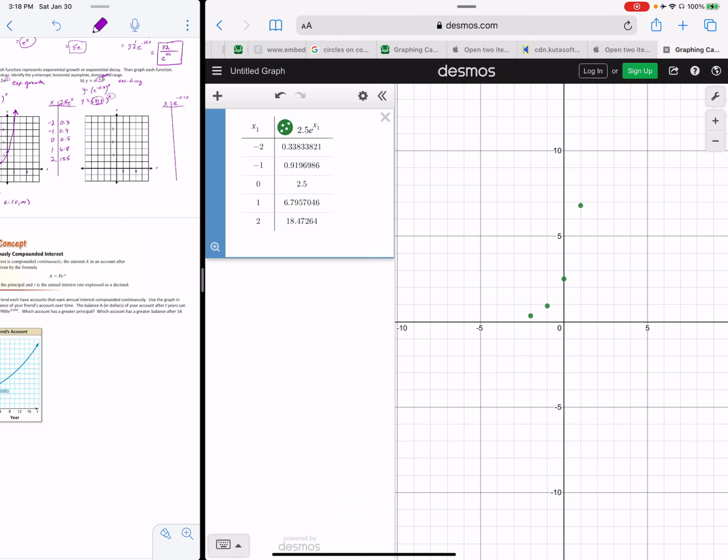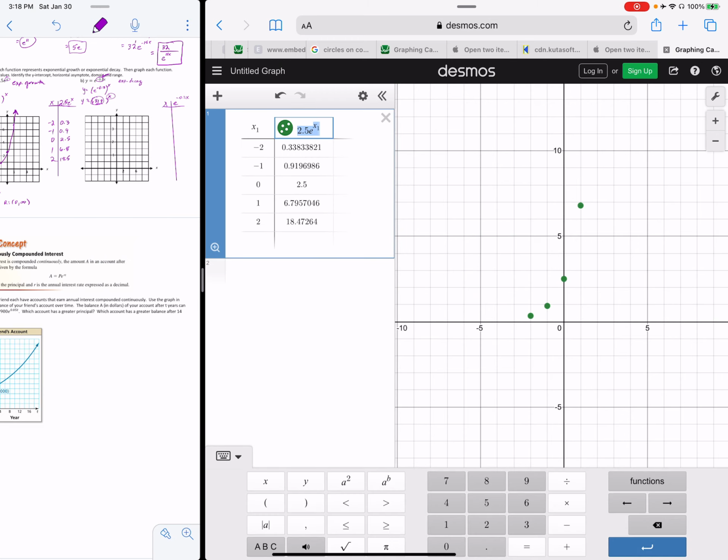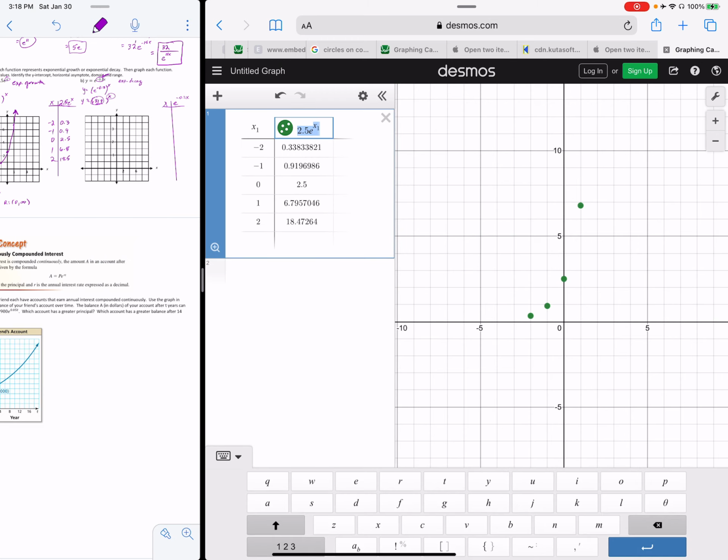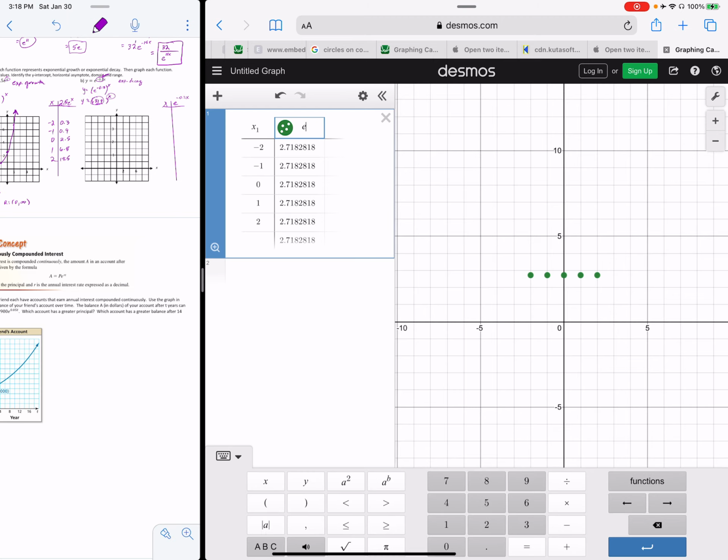For that, I'm going to come over to the calculator and change this up. We'll go to E, and then go back to a to the b is negative 0.2, and then I have to have x subscript 1. Now, if I look at that on the graph, it barely has that decay happening.